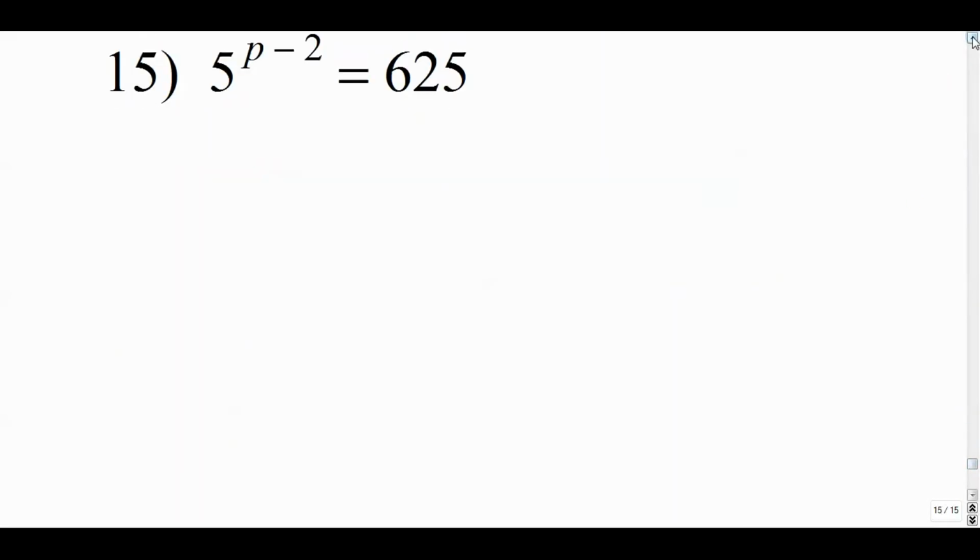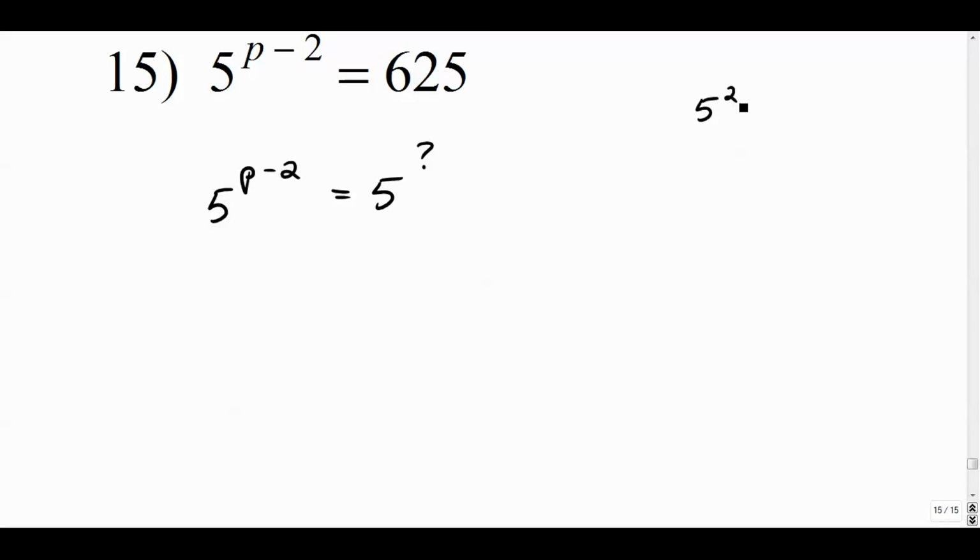Last one. I've got 5 to the p minus 2 is equal to 625. Give this a shot. You can solve this a couple different ways. What I'll do is I'll say, okay, I know that 625 is 5 to the something.